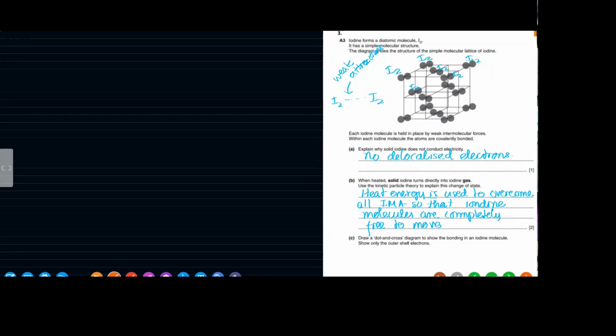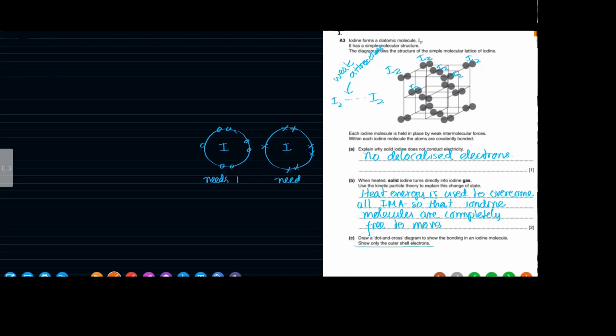Right? So draw a dot and cross diagram between iodine molecules. Such an easy one, right? See, they show only the outer shell electrons. So iodine has only 7 electrons in the last shell because it's in halogen group 7. So each iodine atom needs 1 electron.